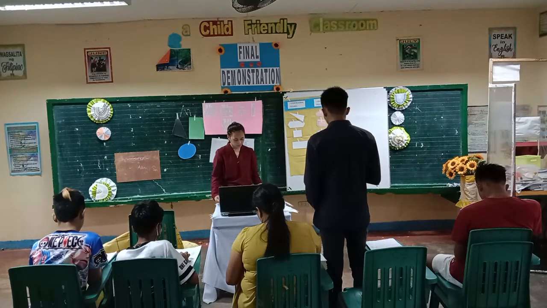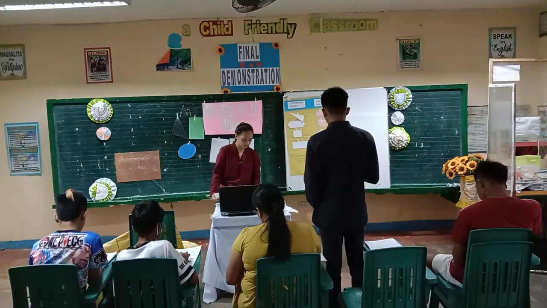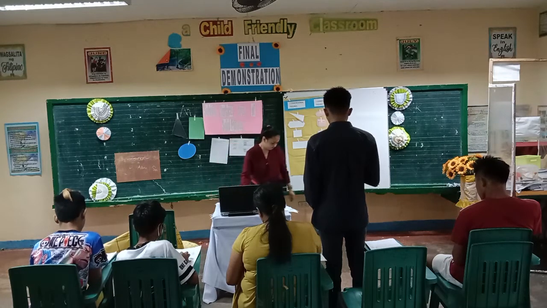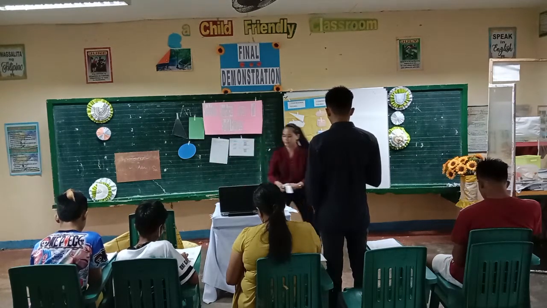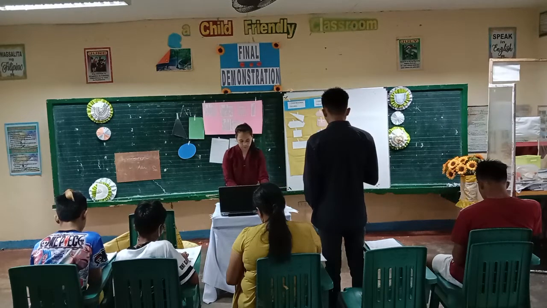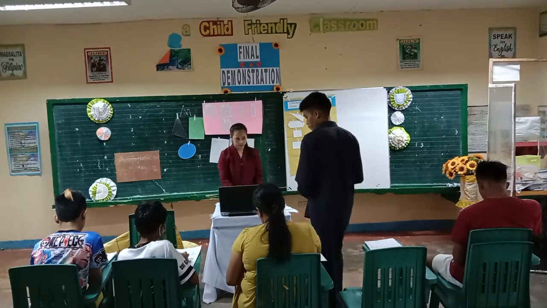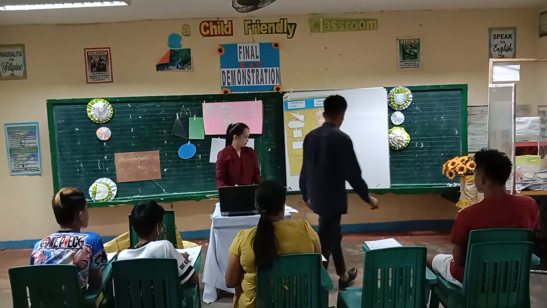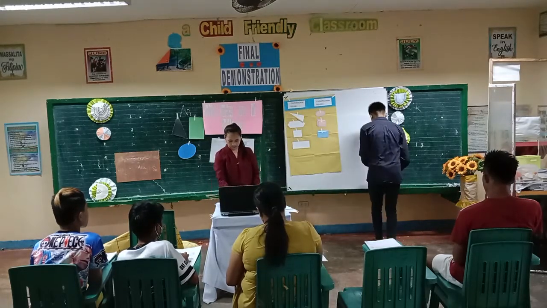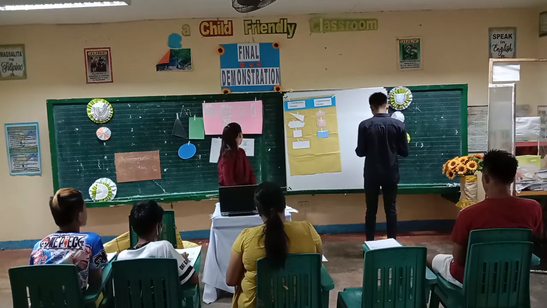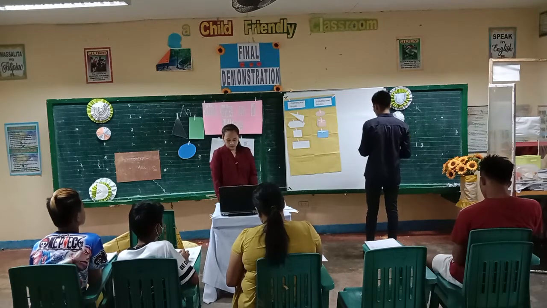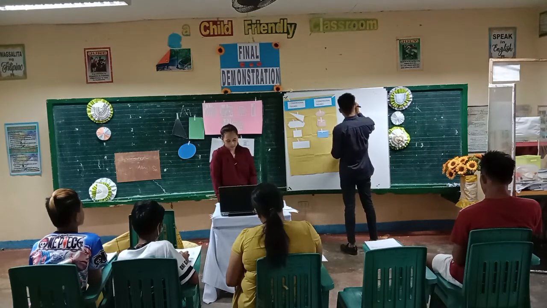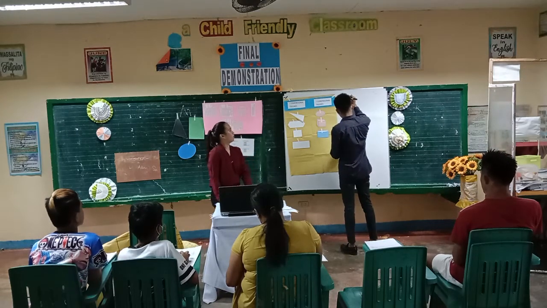So the solution, ma'am: given is length equals 8 cm, width is 6 cm, height is equal to 4 cm. The formula to find the surface area of a rectangular prism is, so, this is the formula of a rectangular prism.